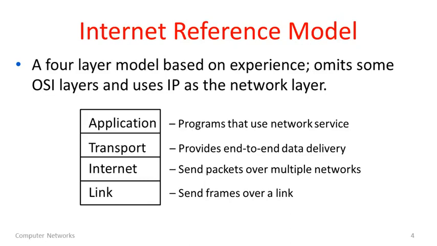So you can see that there are some differences compared to the OSI layer model. We really omit some of the layers, and instead of a network here it says internet. The internet layer is the key replacement for the network layer, and the internet layer is all about the IP protocol. So if I was to number this, going from the bottom up, we start with the link layer. Its purpose is to send frames, these units of information, across links.